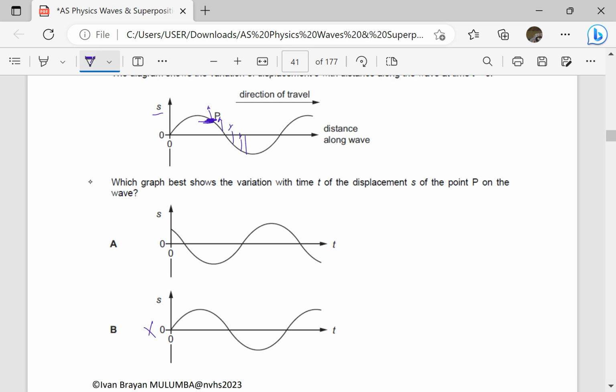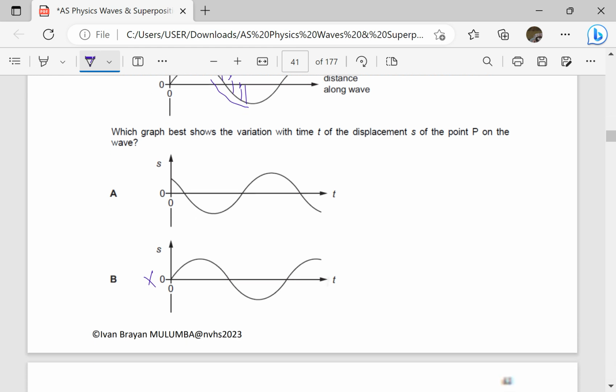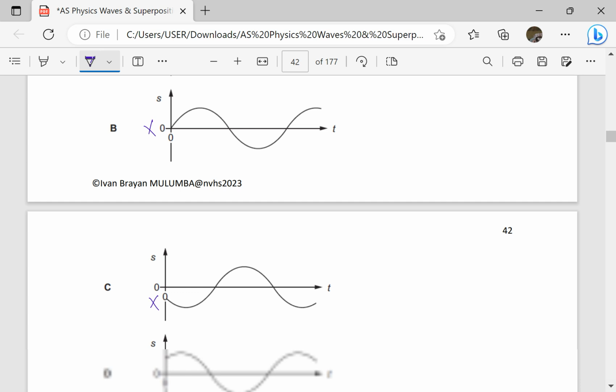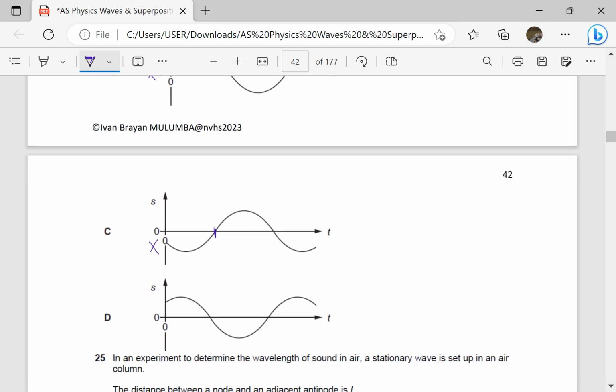Therefore for this first part the particle must be vibrating in the same direction. So we have also ignored this one, because it shows that the displacement of the particle has changed direction. This one shows that the displacement has not changed direction, not until it reaches the other end.